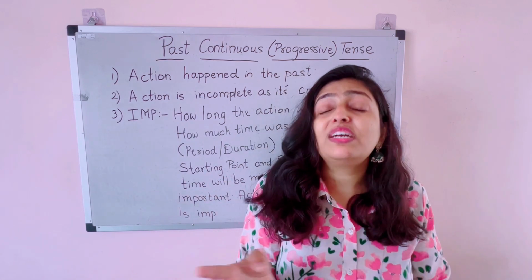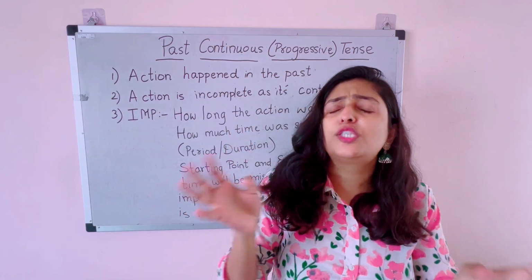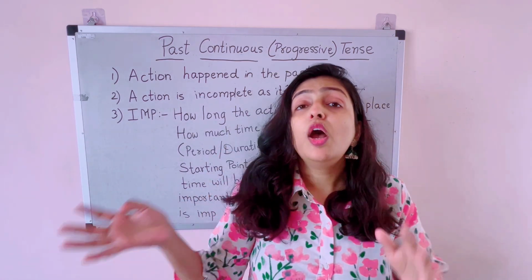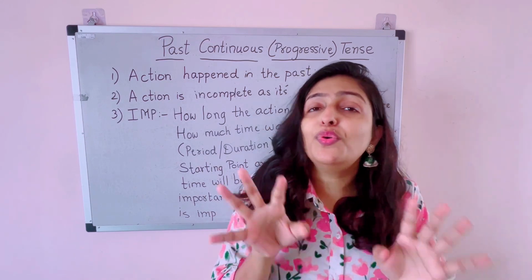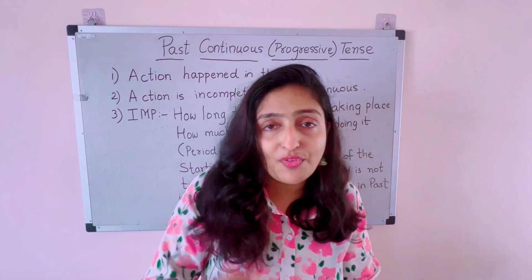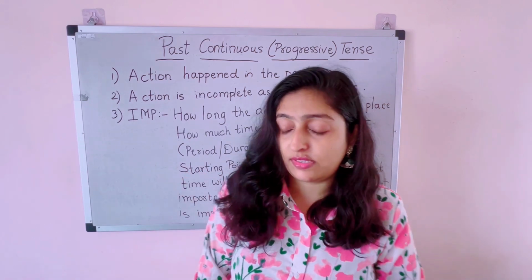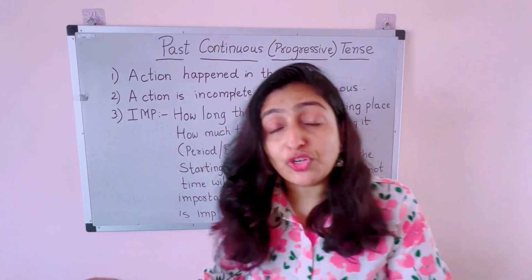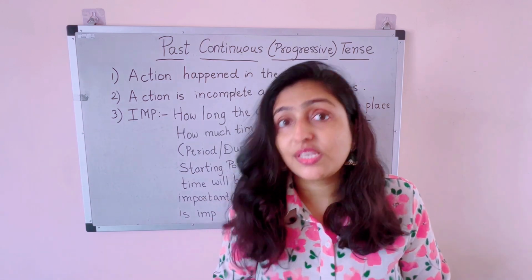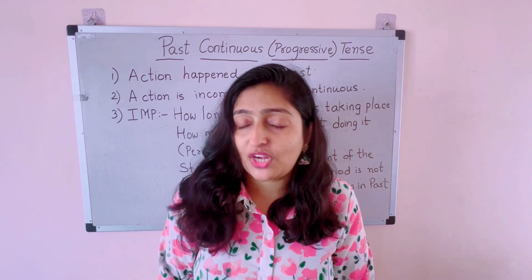You need to have a command and supremacy over all the verbs so that you can be a master over grammar, especially the tenses. So let's begin with past continuous tense, also called past progressive tense.